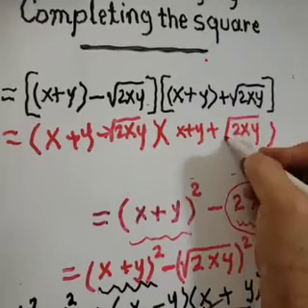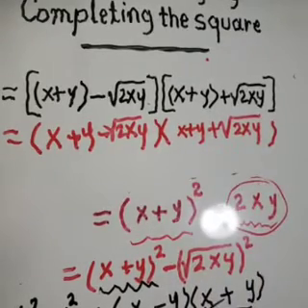And that's it. This method is named factoring by completing the square. We usually take this way to make the factoring when we have two squares added together.